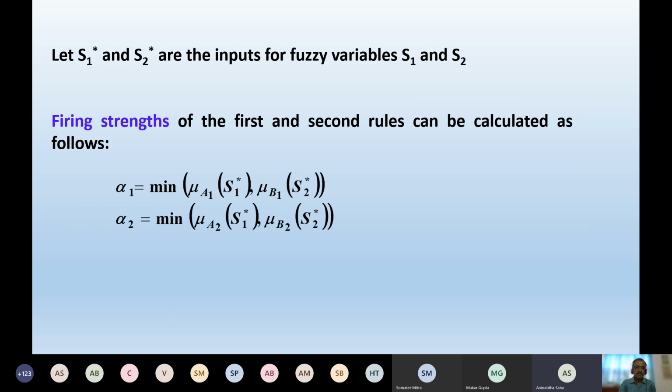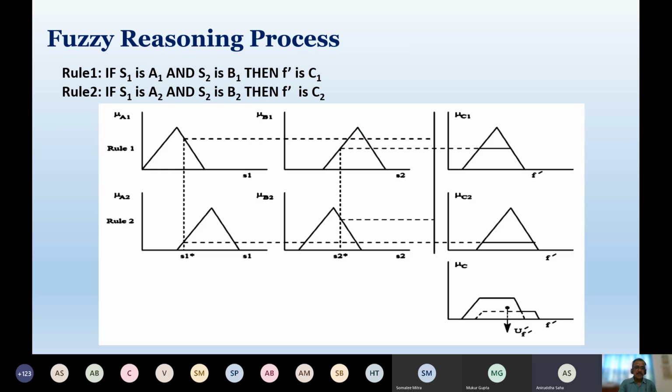Corresponding to S1 star, I'll get the membership function value. Corresponding to S2 star, I'll get the membership function value. Now at this point, you draw a line parallel to the x-axis, and another line like this.